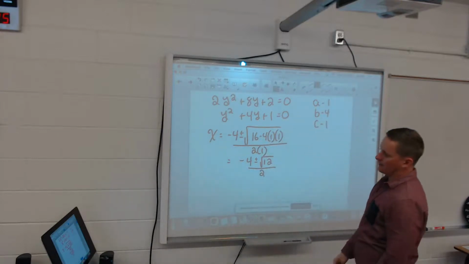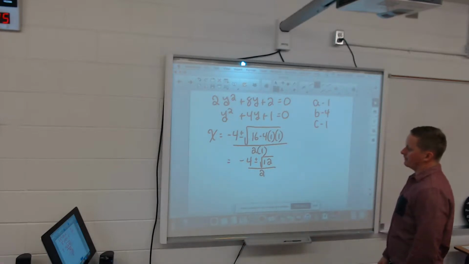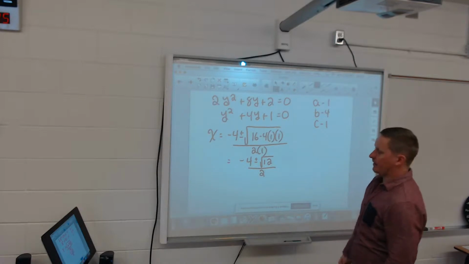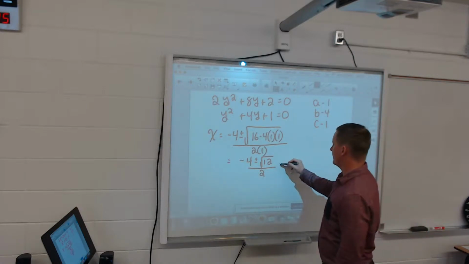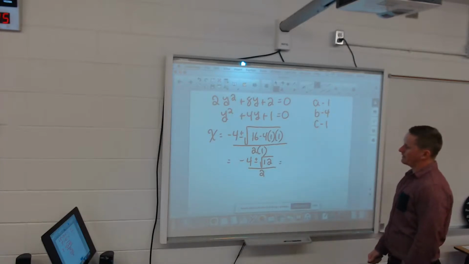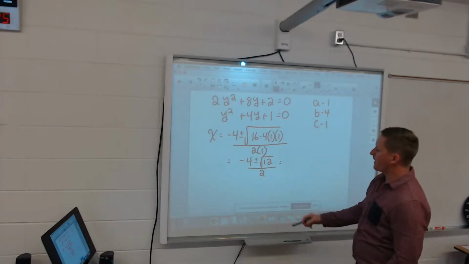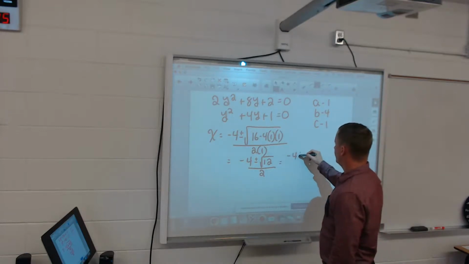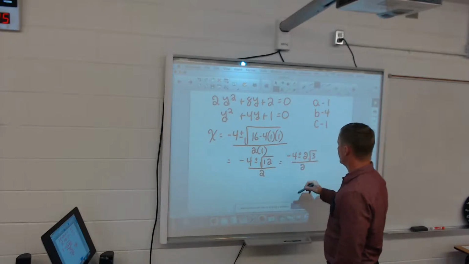Okay. All right, so this is where I'm at right now. Now, here's the thing. Again, I'm not being very picky about this as I would in most years because of where we're at. But I should really break down the square root of 12 into 2 square root 3 over 2.